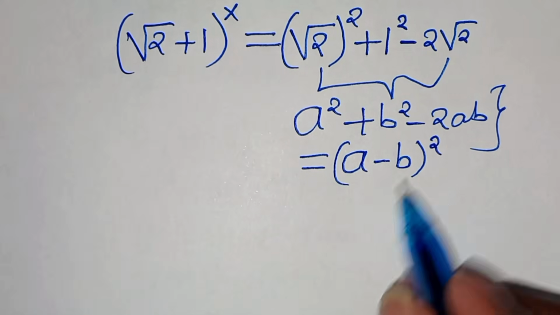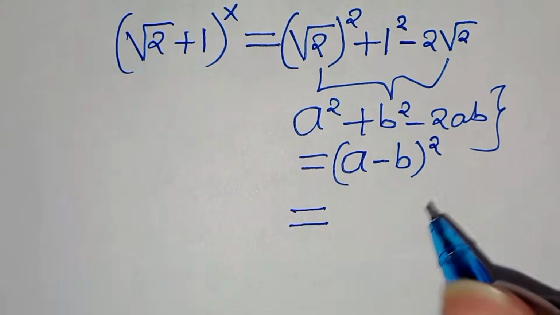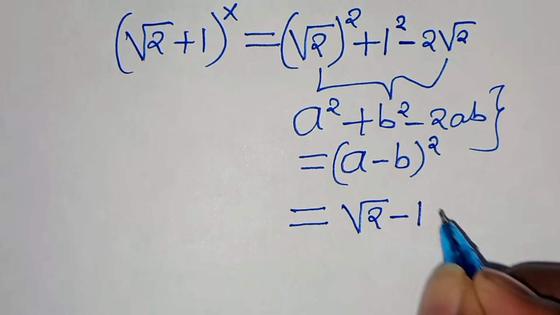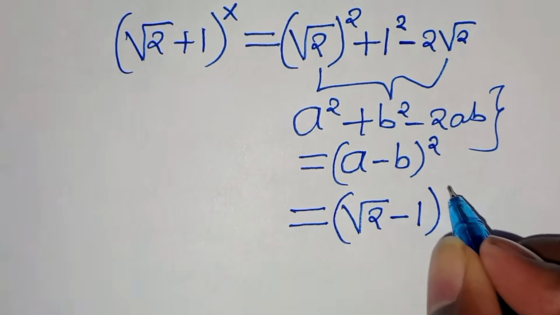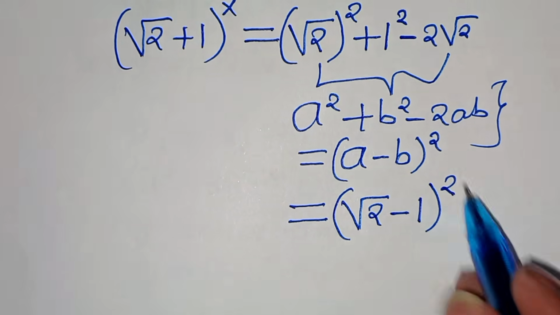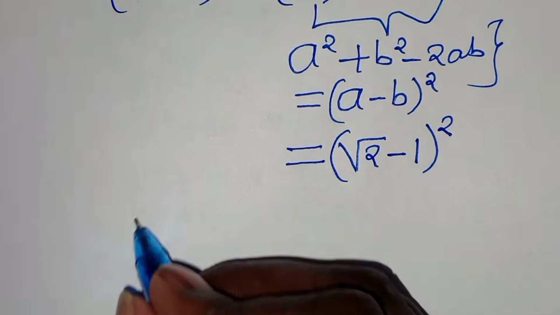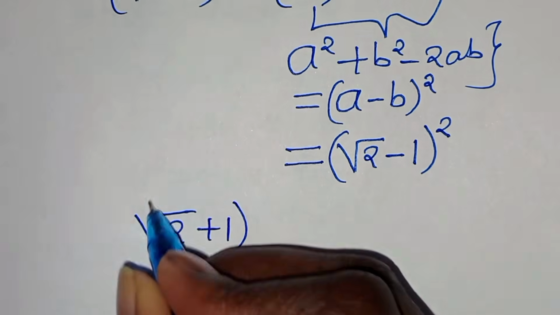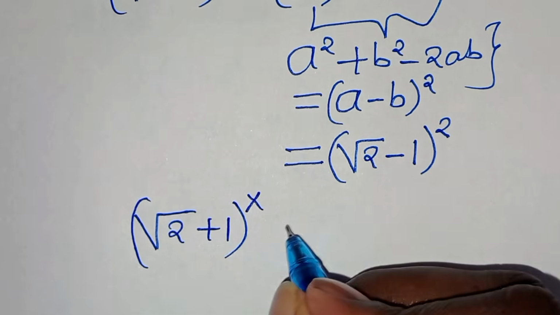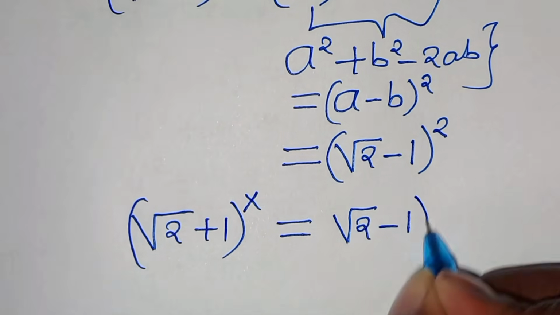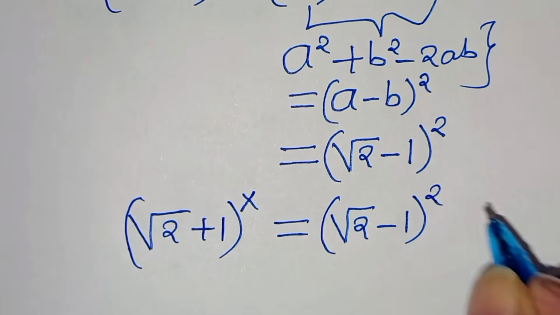Applying this identity, then on the right hand side, we have square root of 2 minus 1 raised to the power of 2. So this is to mean we have square root of 2 plus 1 raised to the power of x is equal to square root of 2 minus 1 raised to the power of 2.